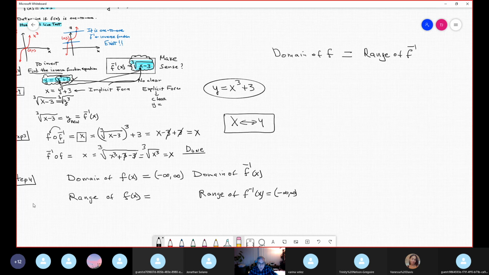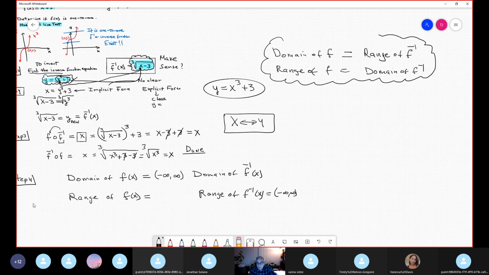And likewise, the range of F is equal to the domain of the inverse. This is in general. In particular, for this example, this is equal to this. It's exactly this statement.